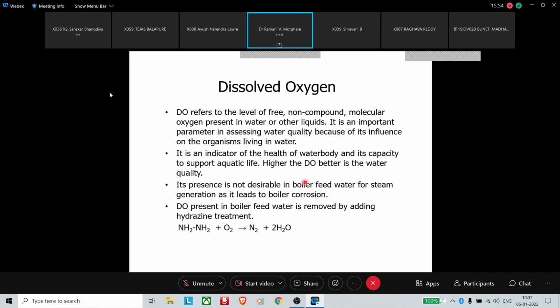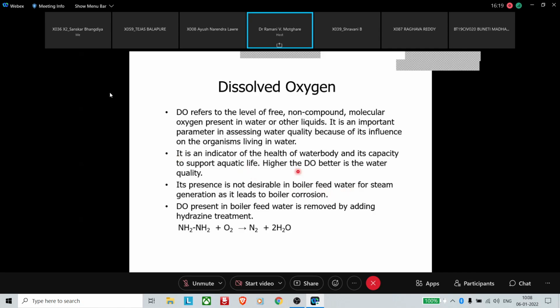Fishes and other like aquatic animals can't live in such condition. So eutrophication leads to like this. So if there is eutrophication, then the water body goes dead. So the presence is not desirable in boiler feed water.